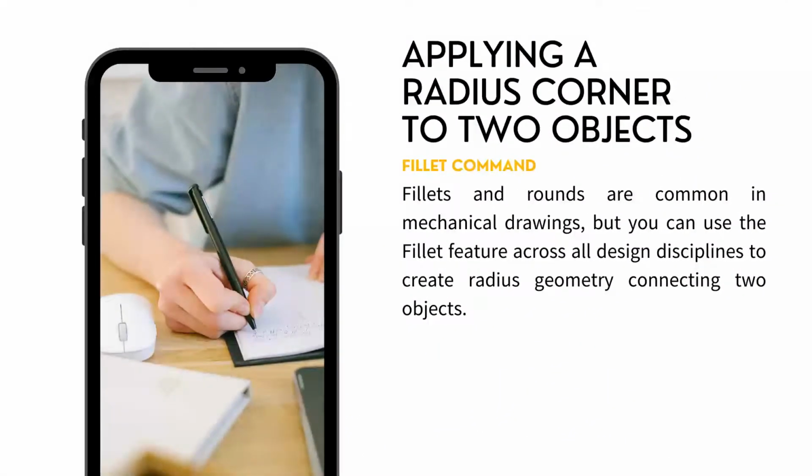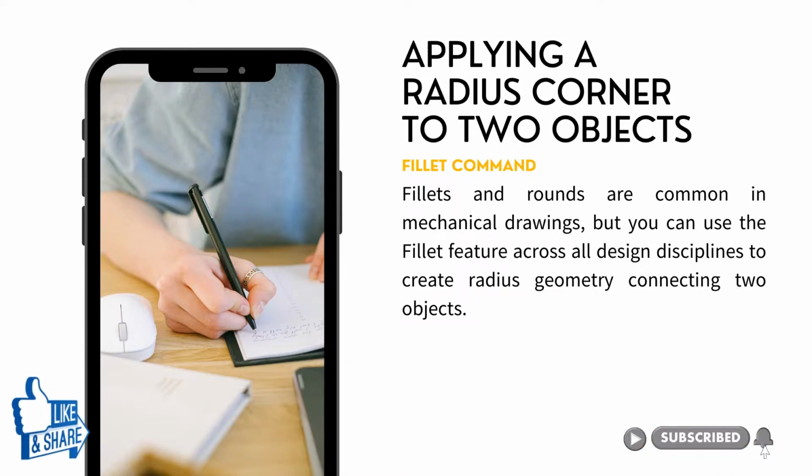Okay, so sa video na ito, we will discuss naman how to fillet objects or create radius geometry connecting two objects using the fillet command. So, fillet and rounds are common in mechanical drawings, but you can use the fillet feature across all design disciplines to create radius geometry connecting two objects.